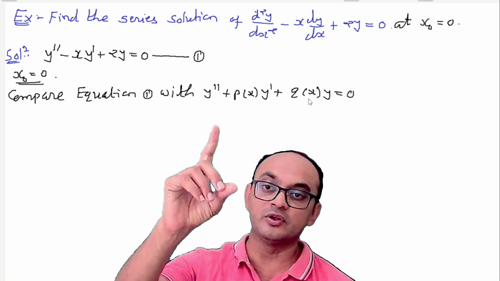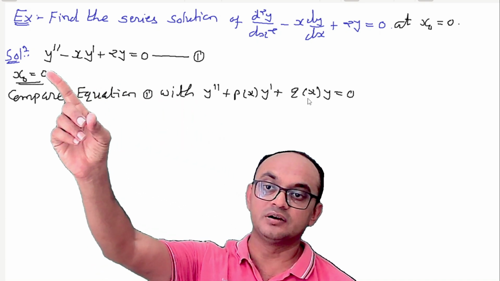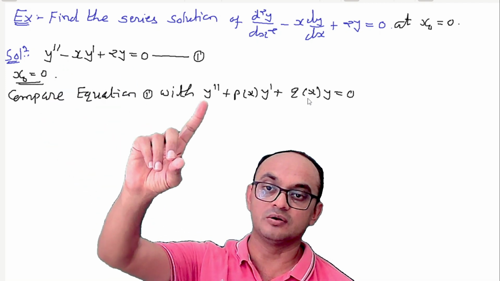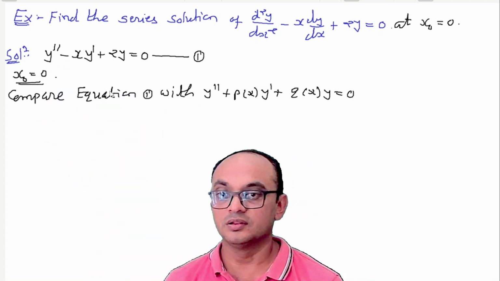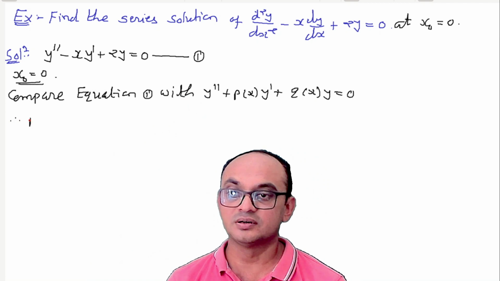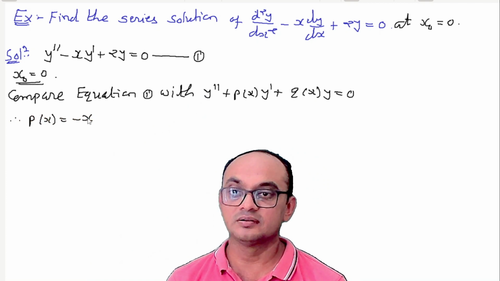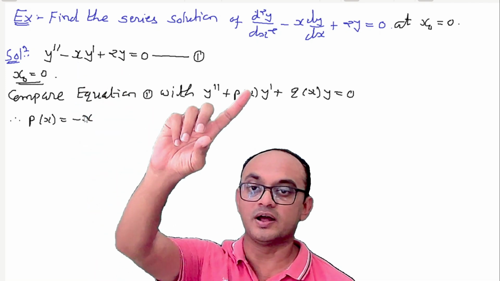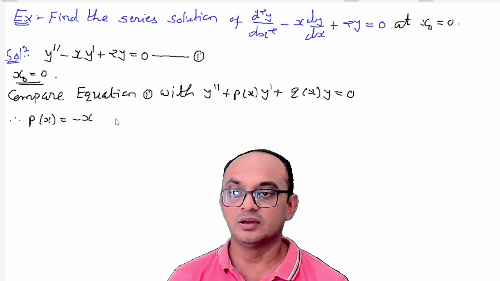You know this format. Keep in mind, whenever you are comparing, the coefficient of y double dash in the given equation must be 1. Here also the coefficient is 1. Therefore, p(x) is equal to minus x. This is my p(x). And 2 into y is q(x) into y, so q(x) is equal to 2.